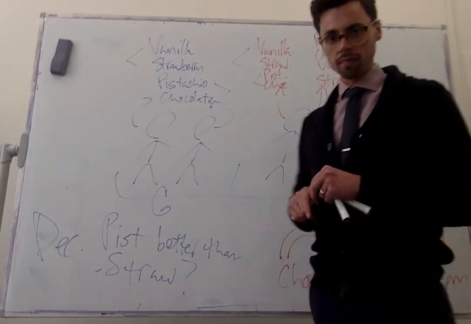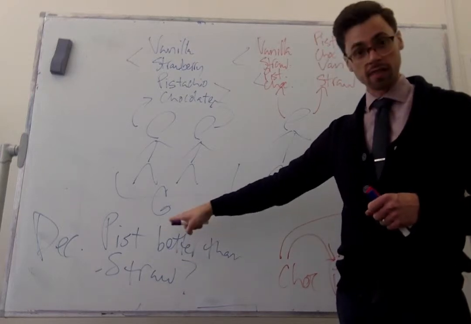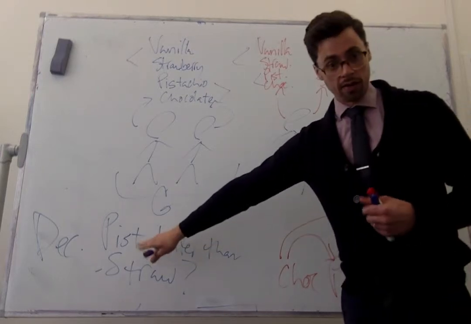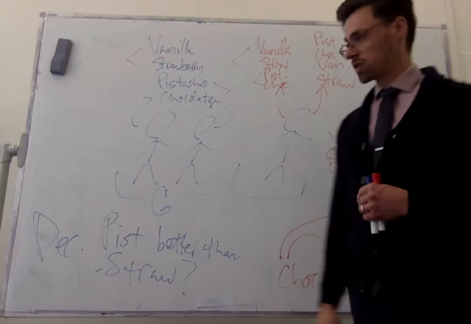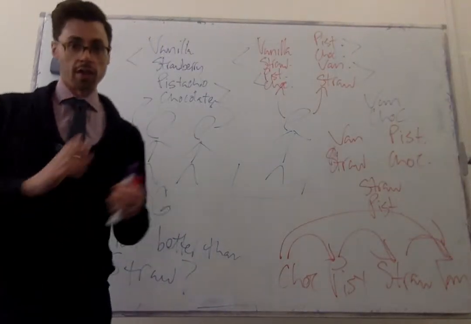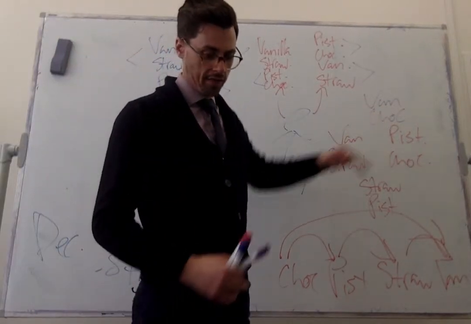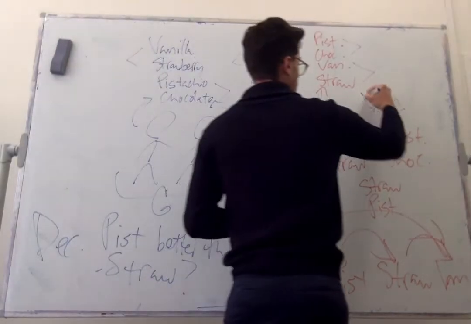Okay? So far we've just used the Pareto principle, we've used the decisiveness of our subgroup about the question of pistachio and strawberry, and we've used the transitivity of the group's preferences to conclude that the group must like vanilla better than chocolate.